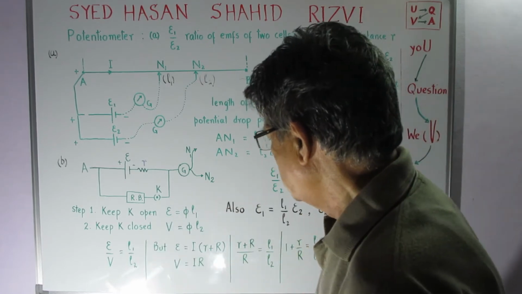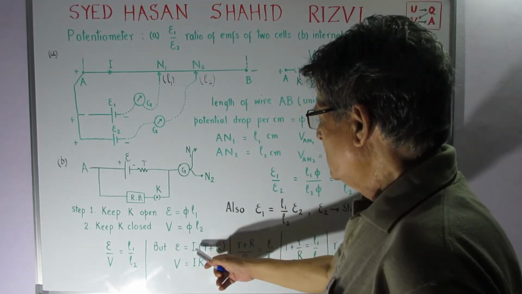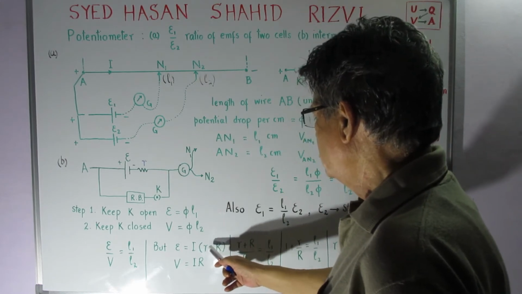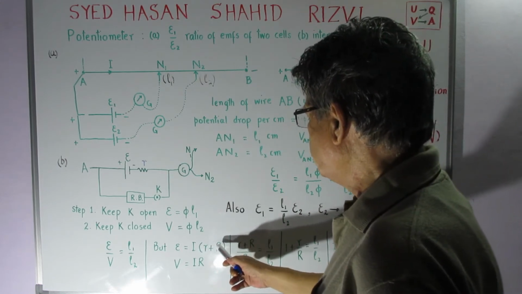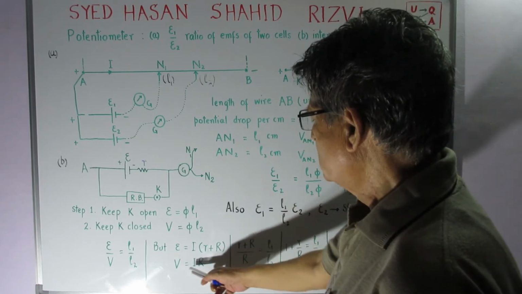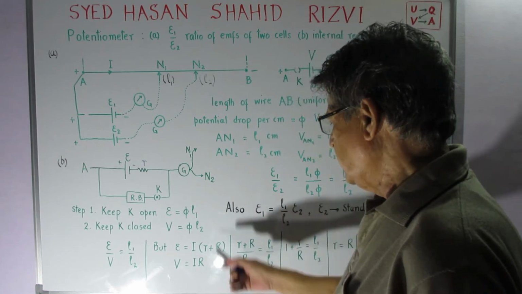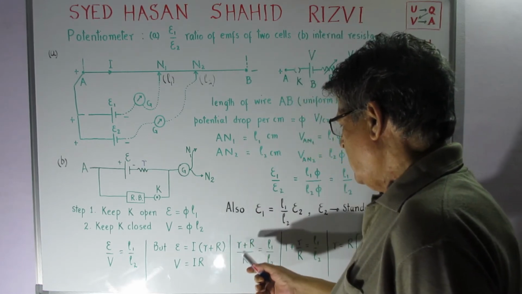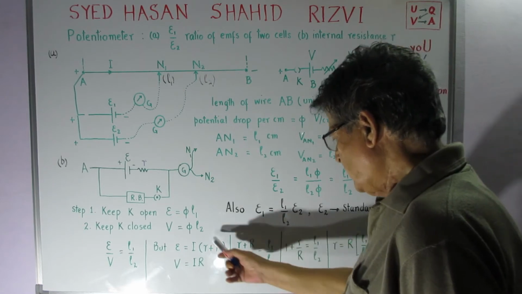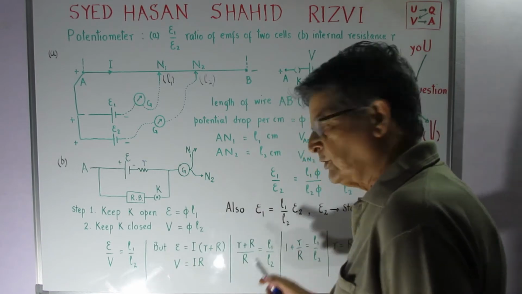But you can see that E is equal to I(r + R), where r is small r and R is capital R. Okay, and V is equal to IR. If so, then I can find that E upon V comes out to be equal to L1 upon L2.